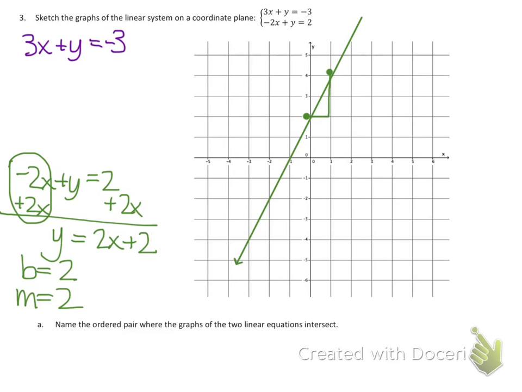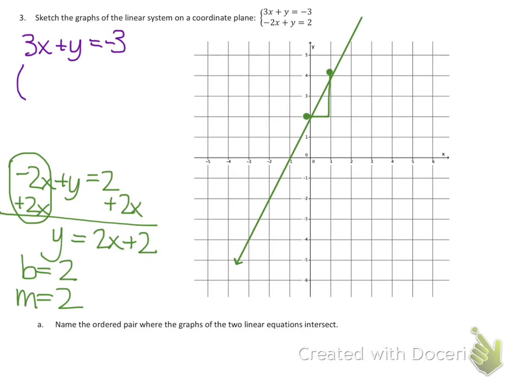Okay, so let's work on our first equation now. 3x plus y is negative 3. So we could either transform this into slope-intercept also, or we can just go ahead and graph by intercepts. So let's do that, for some variety. Okay, so if I let y equal 0, then 3x equals negative 3.